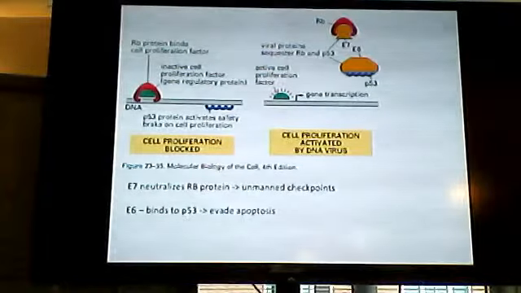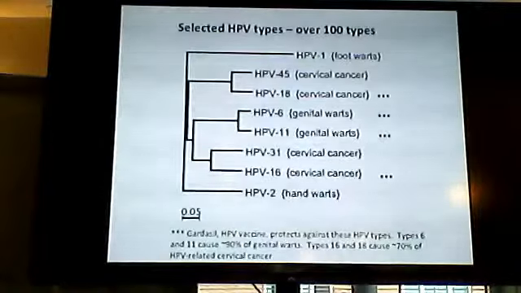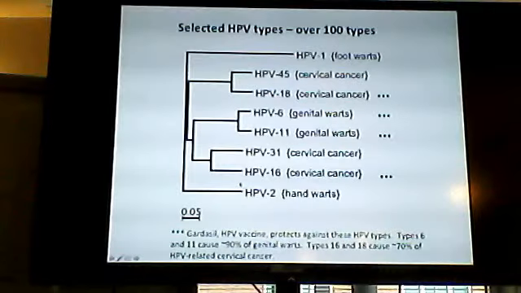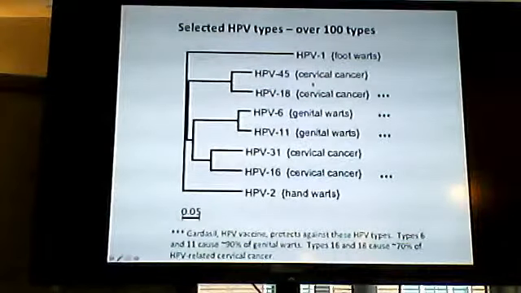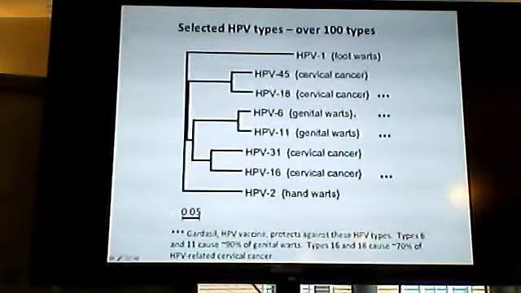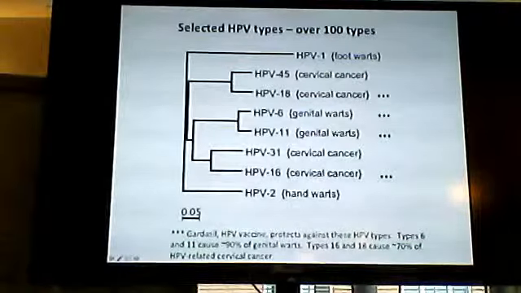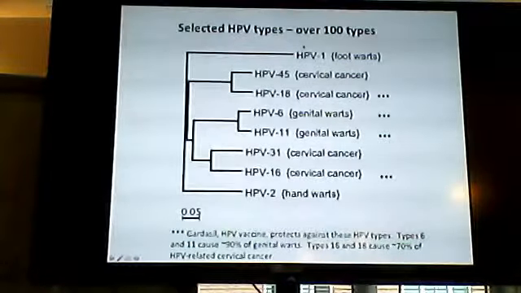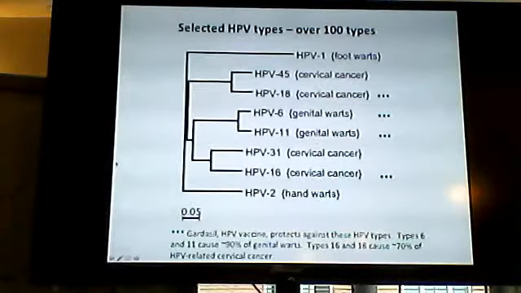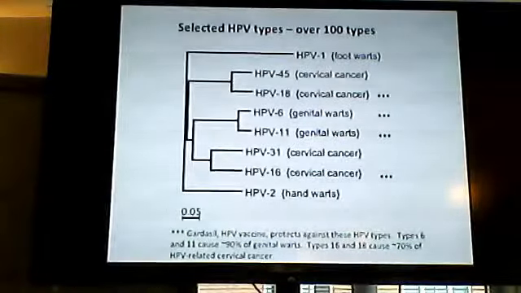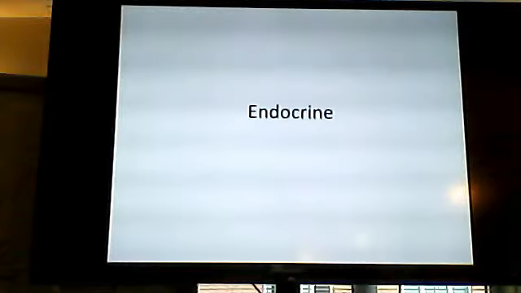And two, E6 will bind to P53 so you can evade apoptosis. So HPV 16 and 18 are the ones most associated with cervical cancer, and then 6 and 11 are associated with genital warts. You can have foot warts, things like that. So warts, again, are not neoplastic, they're not cancerous, whereas 16 and 18 are cancerous.